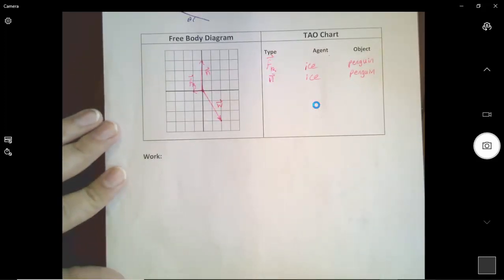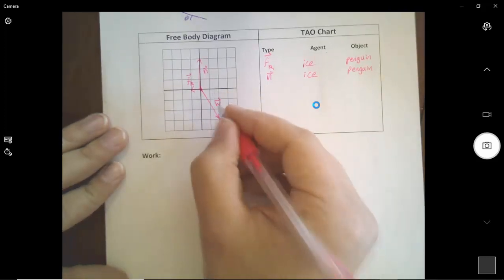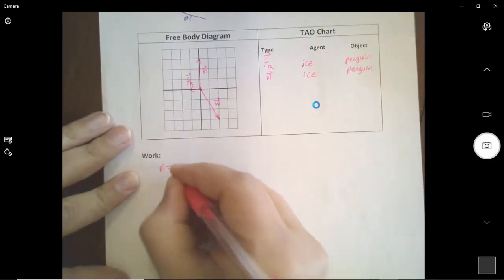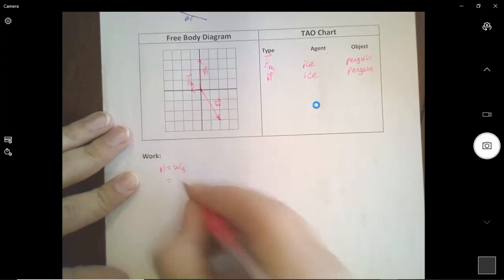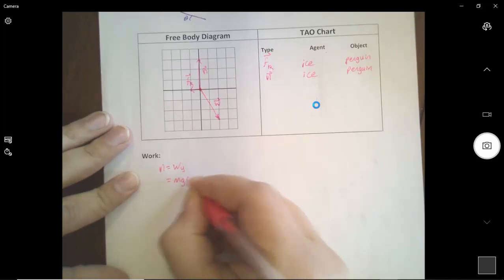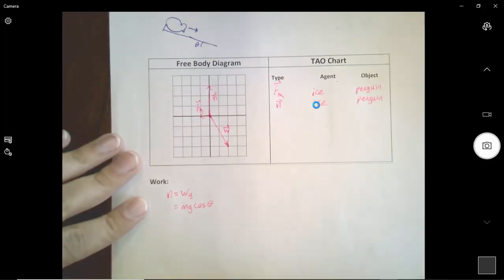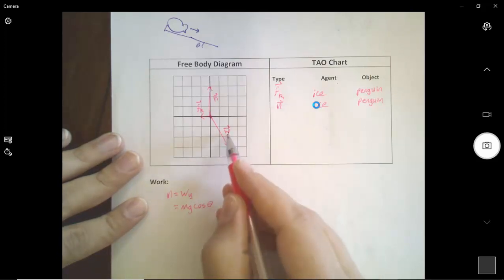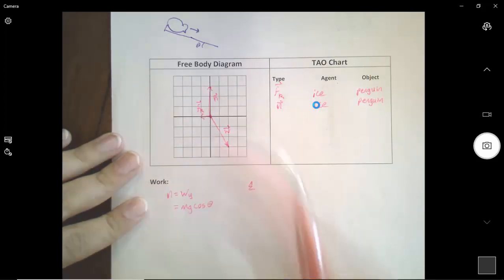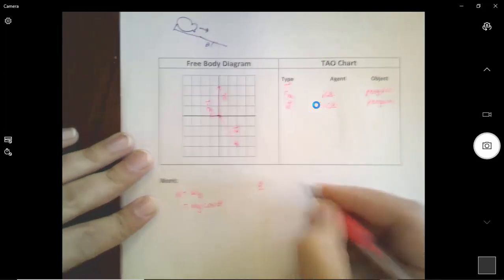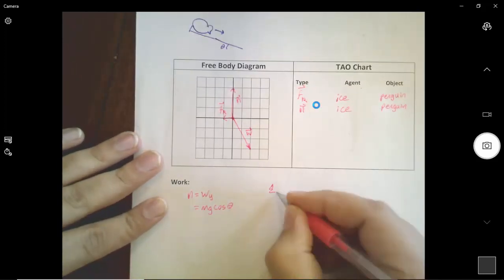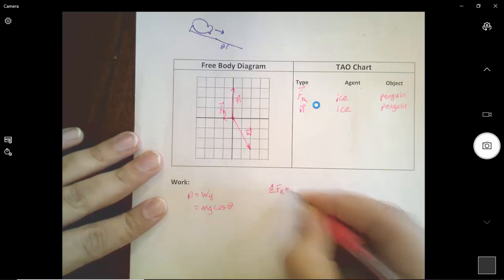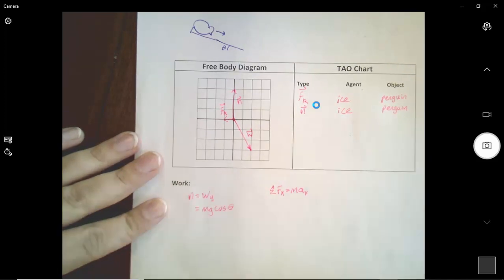Some of the equations are exactly the same as before. So for example, we have normal equals Wy, which we know is mg cosine theta. No need to repeat that in detail. We also know that the x component of weight is not equal to kinetic friction now. So instead of just setting them equal, we need to write down Newton's second law in the x direction.